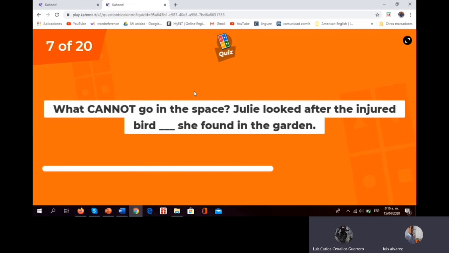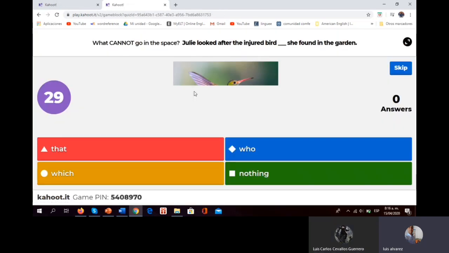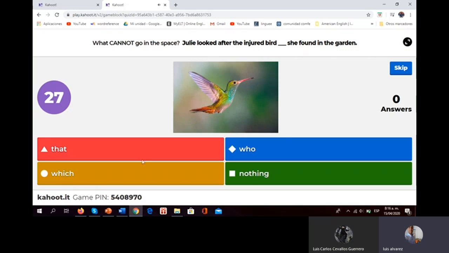What cannot go into space? Just look after the injured bird. She found that, which, who, or nothing. You have to click on one option.